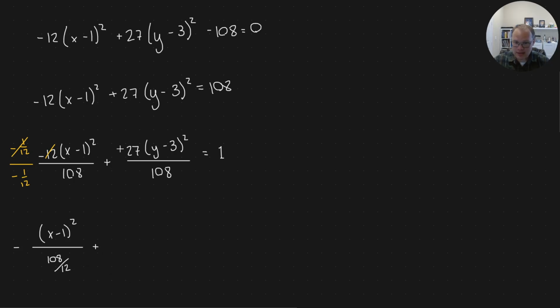Okay, and same thing here, 1/27 top and bottom. That way I'm really multiplying by 1, right? So nothing's really changing, I'm just changing how it looks. The 27s go away, leaving me just the (y minus 3) squared on top. And on bottom, 1/27 times 108, it's 108 over 27.